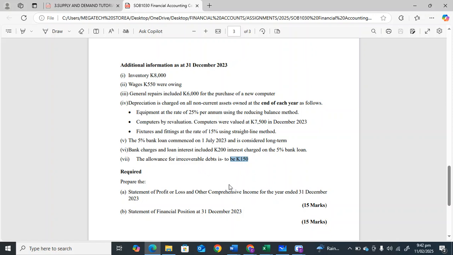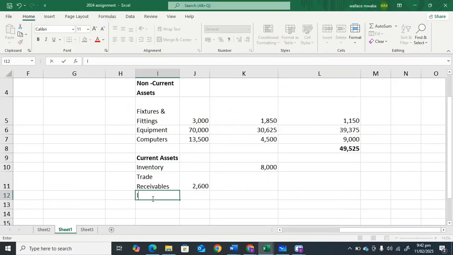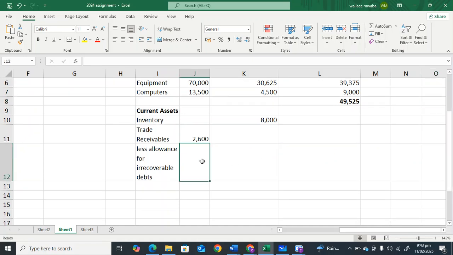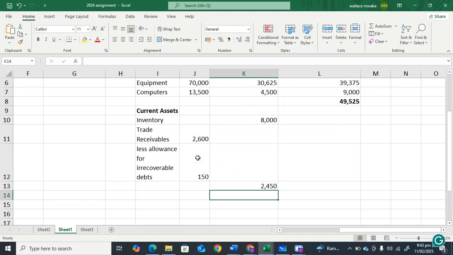So you say less allowance for irrecoverable debts, 150 kwacha. That gives 2,450.